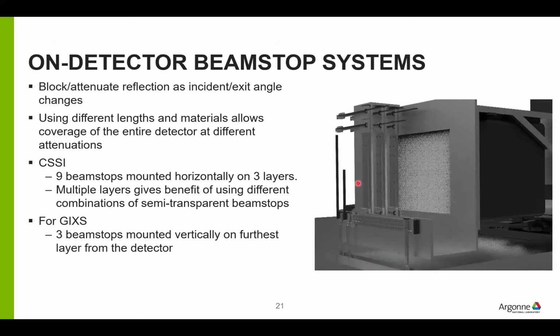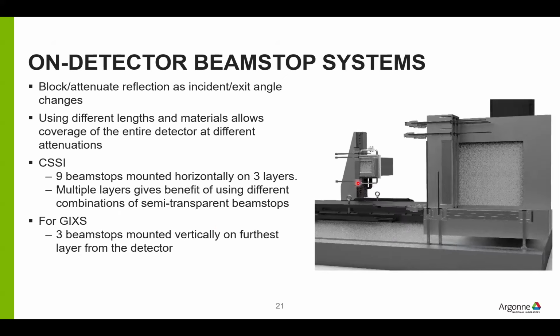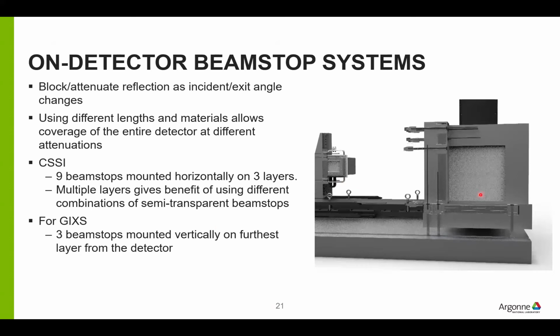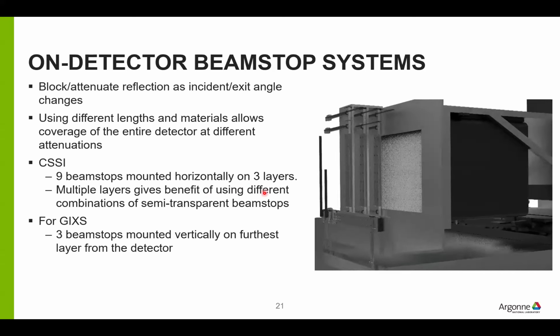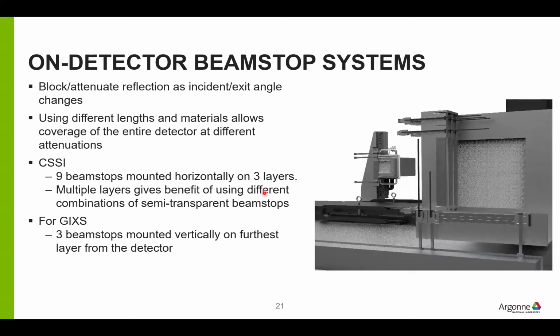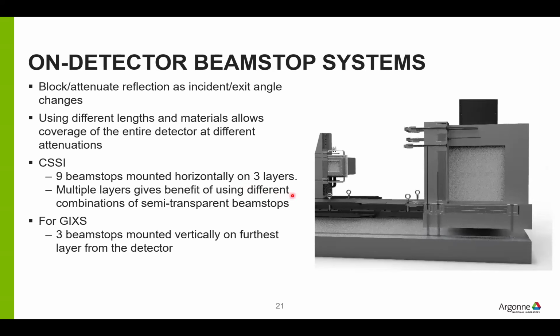And because we don't want to have to go in and out of this tube too often, we have a number of beam stops available. I think this animation is actually from an earlier concept. For CSSI, with the sample mounted vertically and the horizontal scattering plane, we have to have horizontally oriented beam stops.